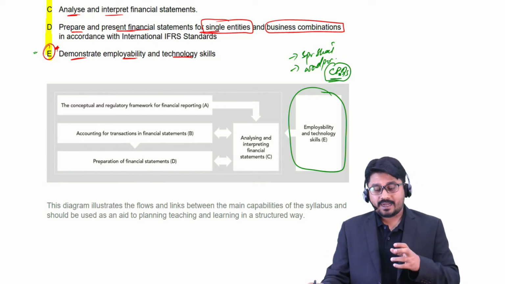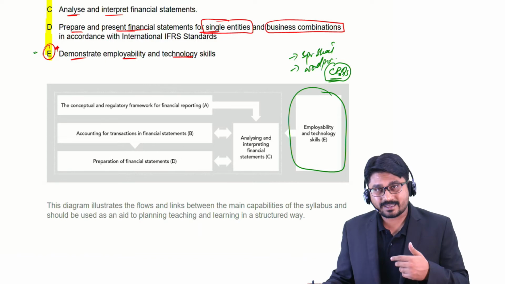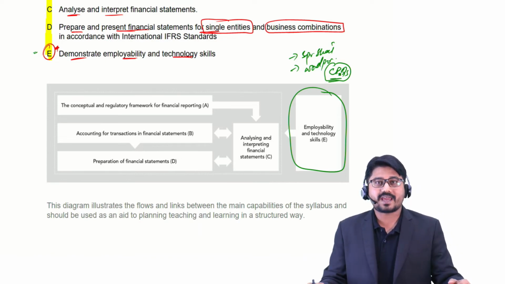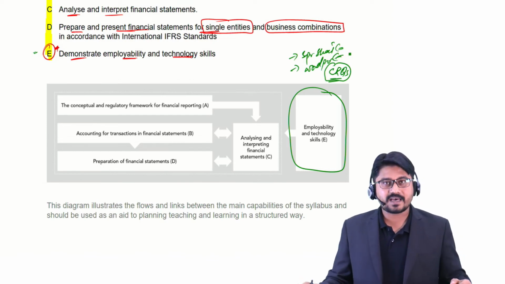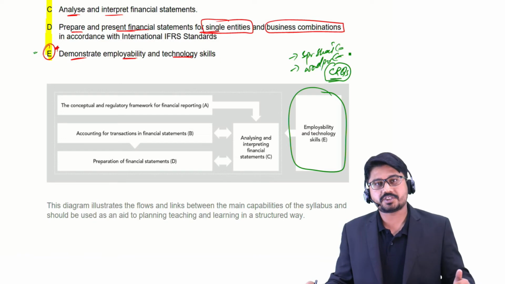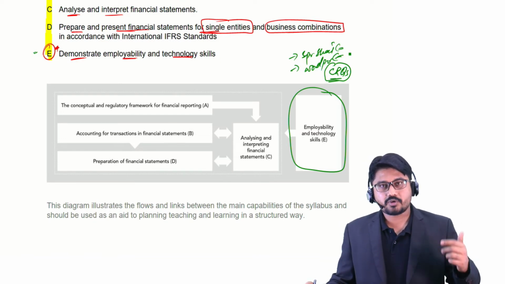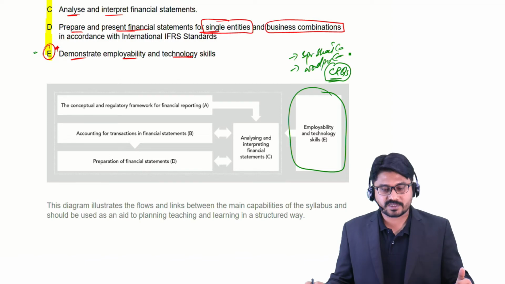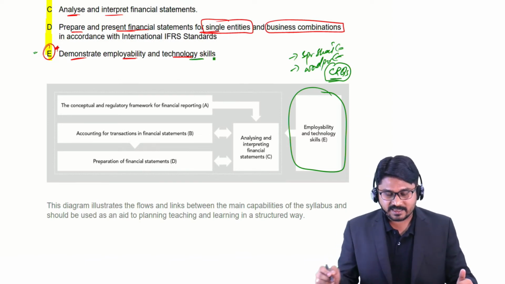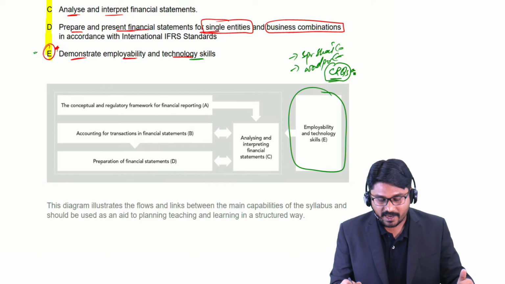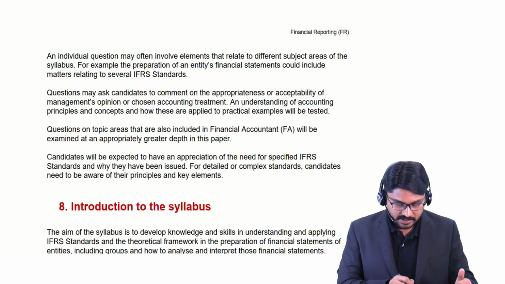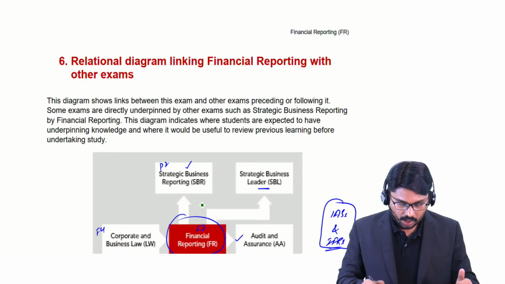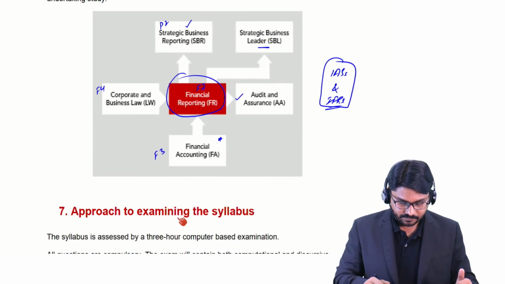It's about your technical skills: how you tackle the paper, how you practice, how you present your answer using a spreadsheet, performing calculations, and answering your theoretical questions using the word processor. So technology skills are mainly required for answering constructive response questions in Section C, and these two questions are of 20 marks each.